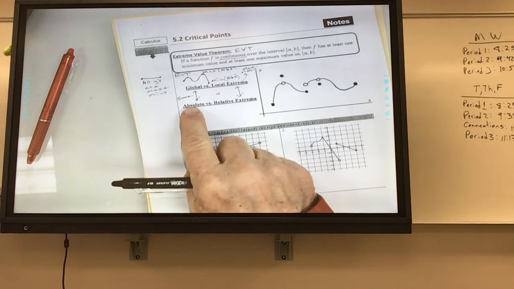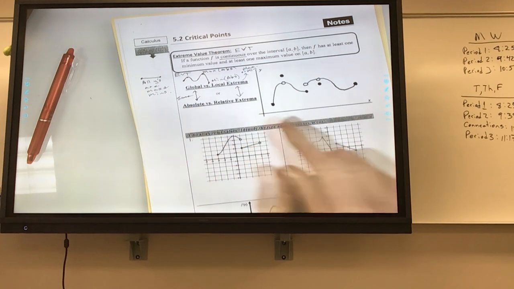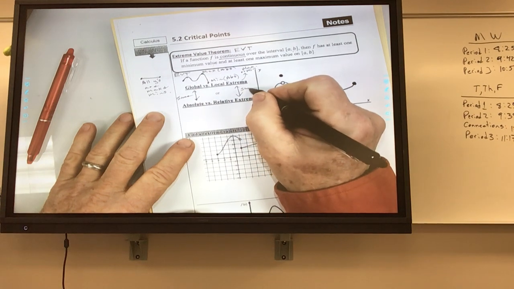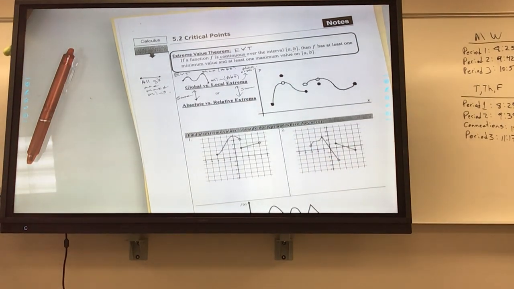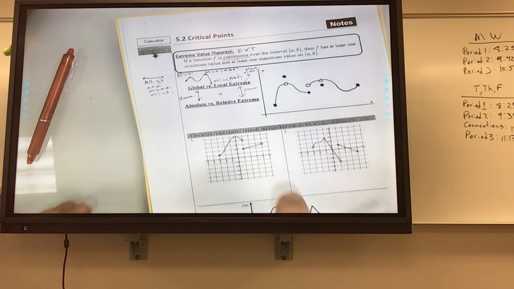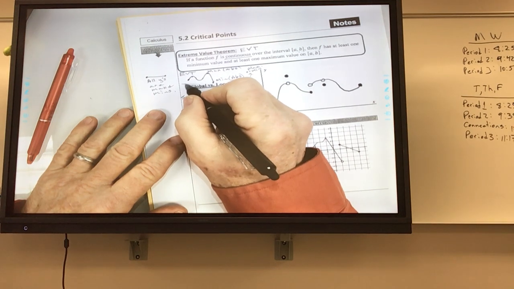You will probably hear me say absolute the most. Then you have this local and relative. They are the same. And I'll talk about what relative means in a bit. I will use relative the most, okay? Going to this biggest picture, let's say this is the x-axis.